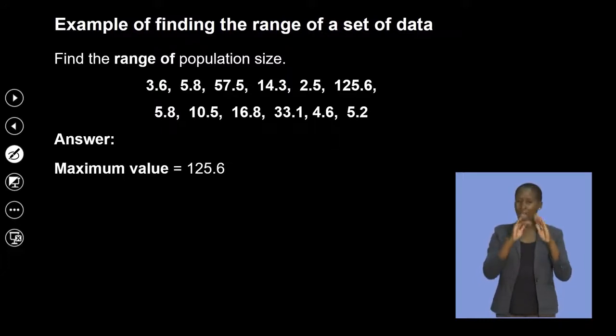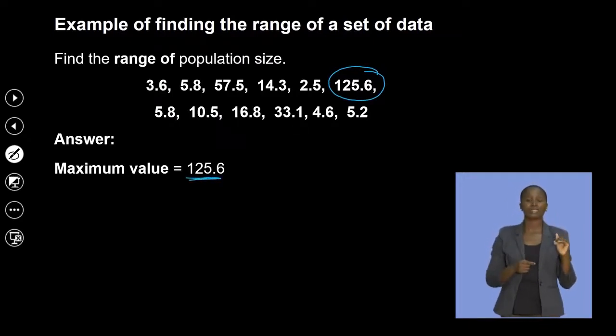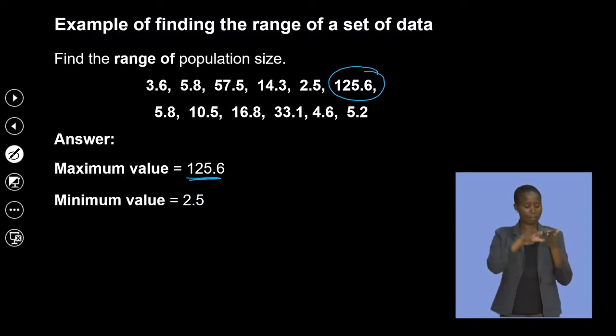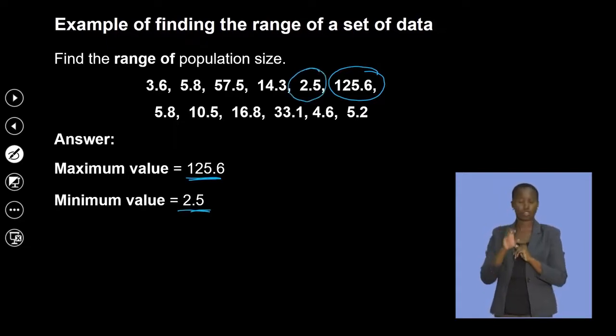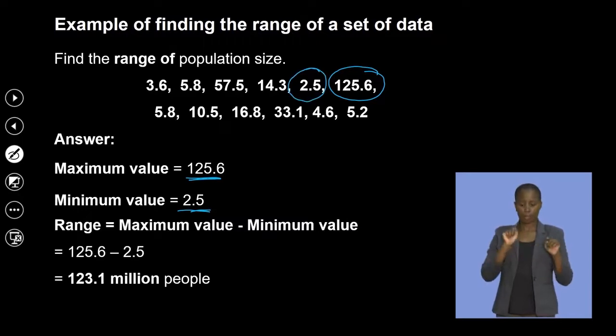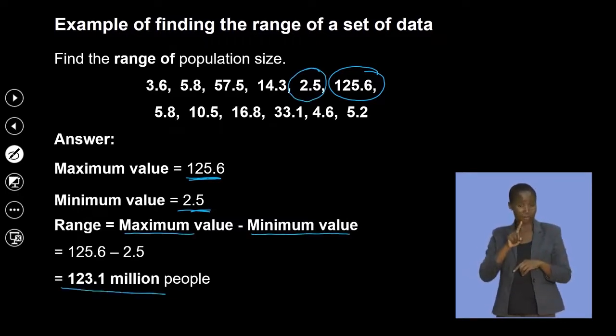The maximum is that value, and we have to subtract the minimum value, which is the lowest value. The lowest value is 2.5. And if we do maximum minus minimum, we get that. That's the range, the highest value minus the lowest value.